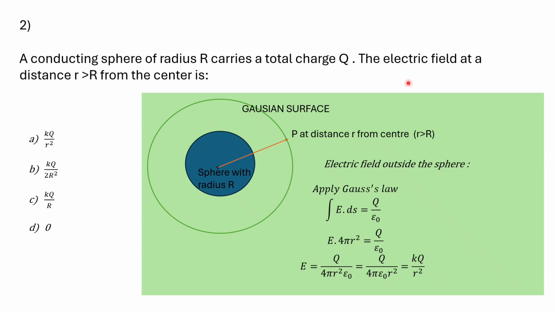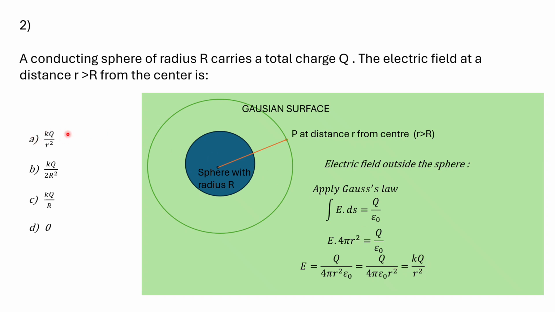So applying Gauss law, we can use ∮E·dS = Q/ε₀, and so E·4πr² = Q/ε₀, and here E will be equal to Q/(4πr²ε₀), which is equal to Q/(4πε₀r²), and 1/(4πε₀) can be written as k, so kQ/r².